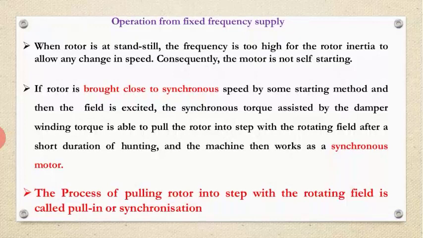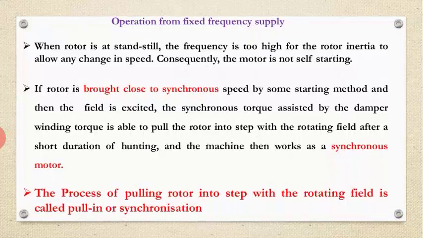As I already explained clearly, the motor is not self-starting because the poles' repulsion and attraction occur every half cycle. So due to the high inertia of the rotor, it will not self-start.